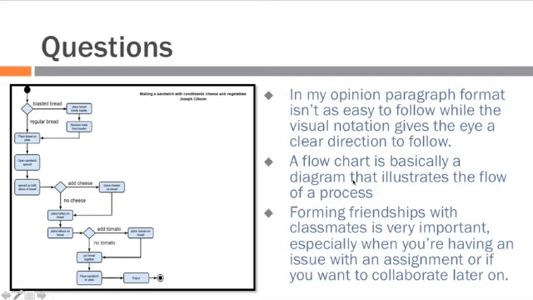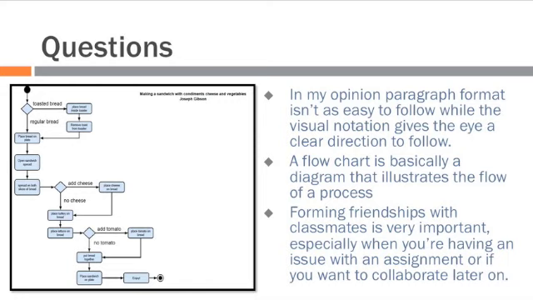As for the questions for this assignment, what are the differences, or what's my opinion on paragraph format versus the visual notation? In my opinion, the paragraph format isn't as easy to follow, while the visual notation gives the eye a clear direction on where to go in the process.